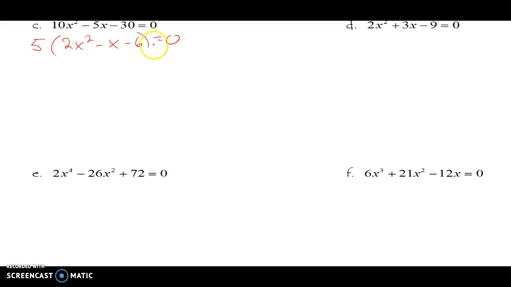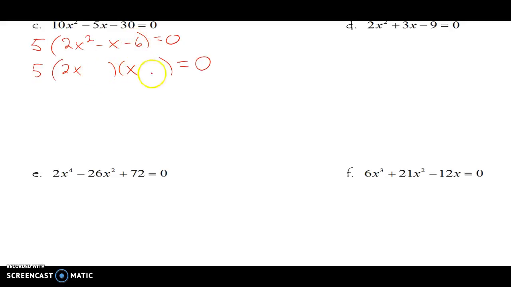Now I'm going to check to see if I can factor this further. It's got to be 2x and x. If this is negative and this is negative, then one of these has got to be positive, one's got to be negative. So we'll have to figure out factors of 6, 6 and 1 or 2 and 3.